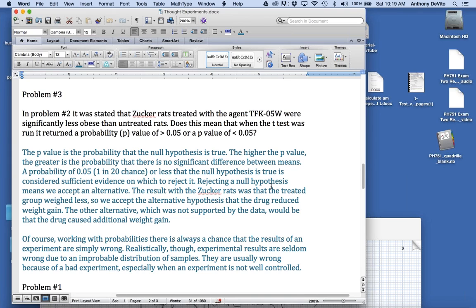If we have very large populations and we're going to use the z-table, and we got a z-score of 1.96, we would say that there's exactly a 5% chance of being wrong if we reject the null hypothesis. If we got a z-score of 2.58, we would say that there's less than a 1% chance of being wrong if we got that value and we said that the two means were different.